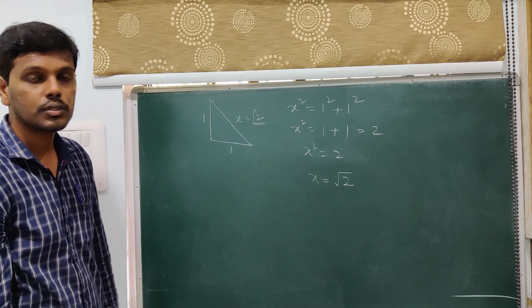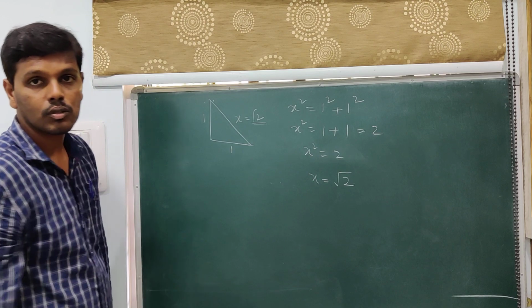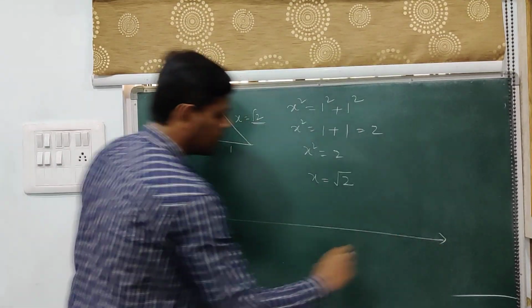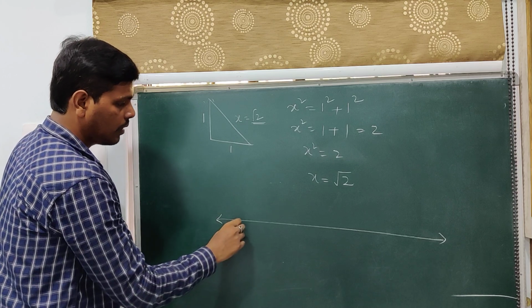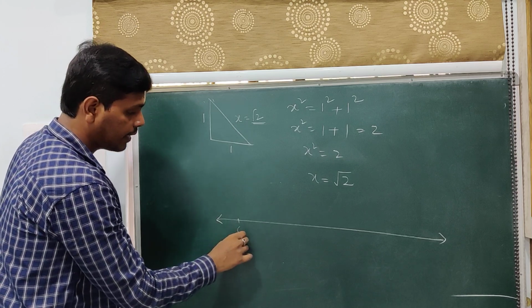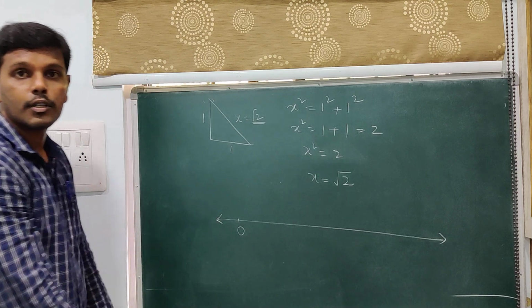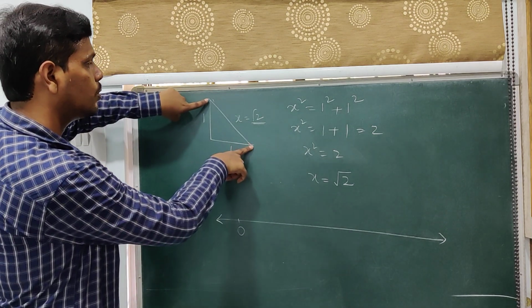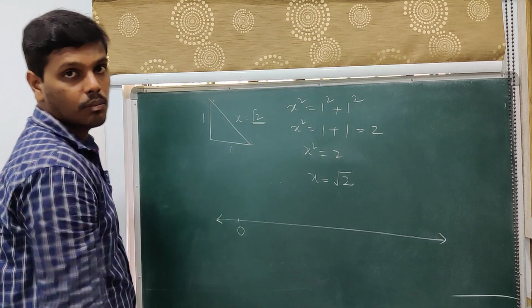Now what I'll try to do is, I'll try to mark this length on the number line. Say, this is your number line. I am choosing a point here and I am assigning this point to a number 0. Now I am trying to mark this length on this number line.